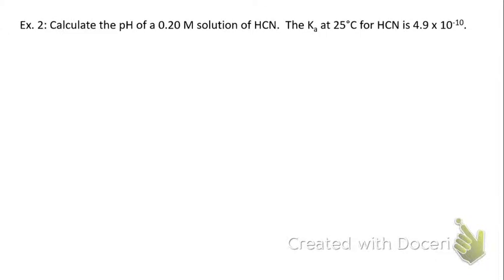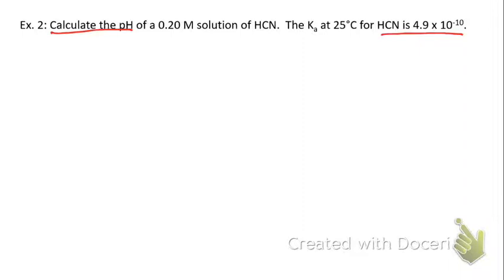All right, let's do another problem. We'll do this a little bit quicker. In this case, we're given the Ka value for our weak acid, and we're trying to find the equilibrium concentrations. Actually, not only the equilibrium concentrations, but we have to calculate the pH of this weak acid.